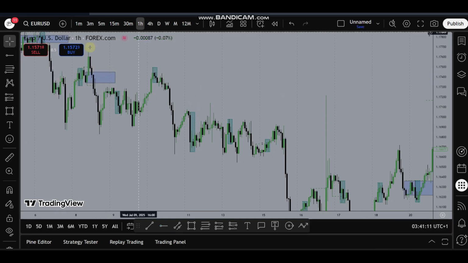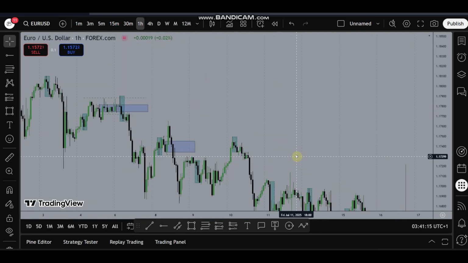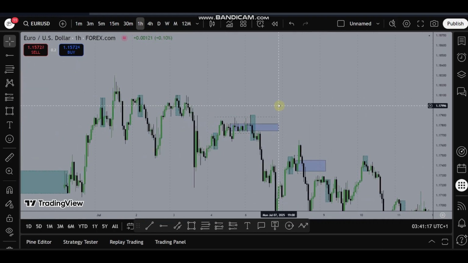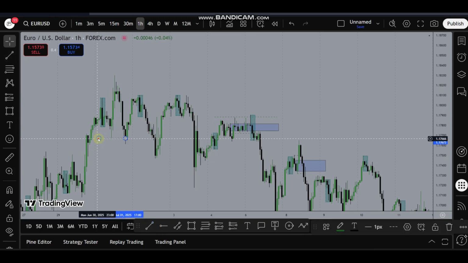What did I do? No, it's not really a break of structure. I didn't see the place where price respected a rejection block. Okay, I think I have seen it here. So I have a market structure shift here, or a change of character here.